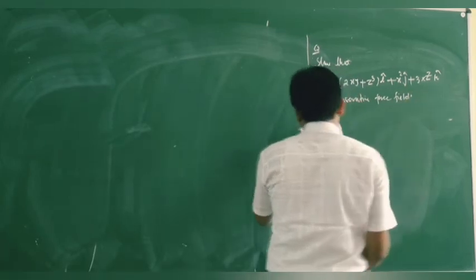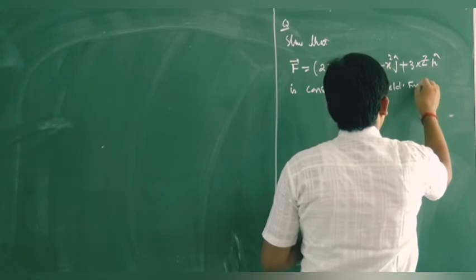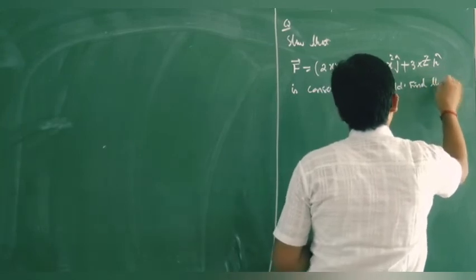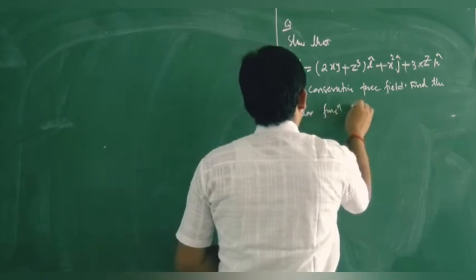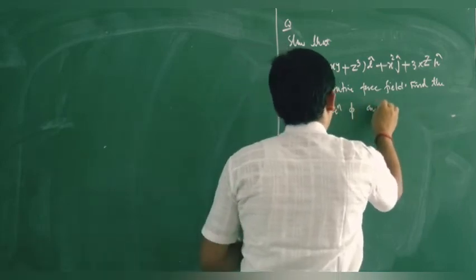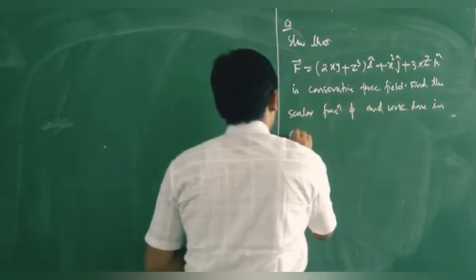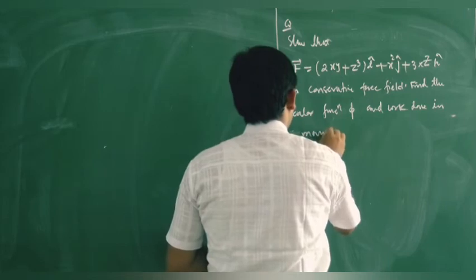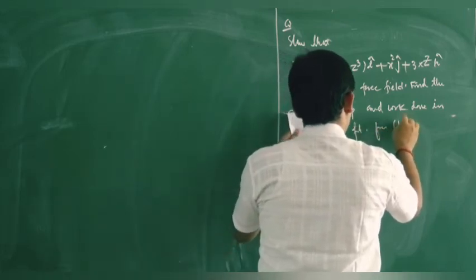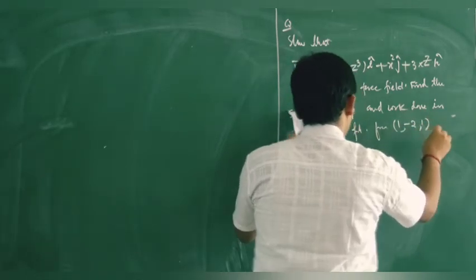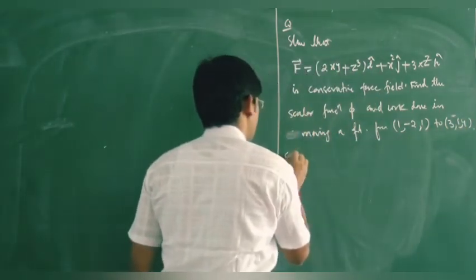So we have to show that this is a conservative force field, and if this is conservative, find the scalar function phi and the work done in moving a point from 1, minus 2, 1 to 3, 1, 4. Solution.